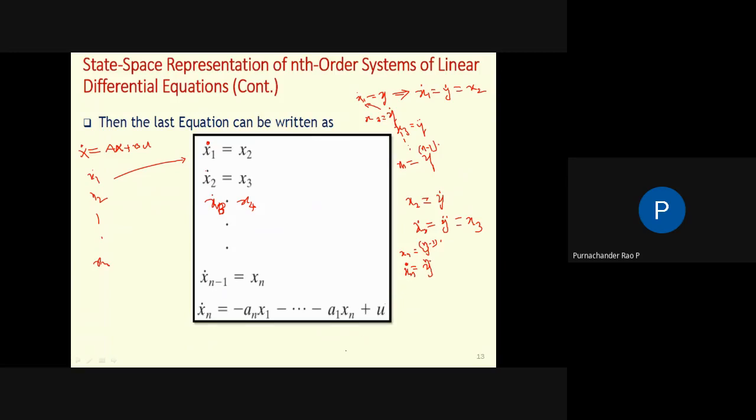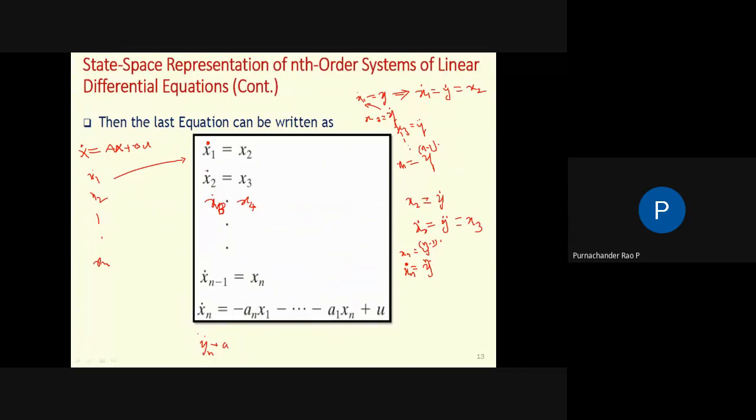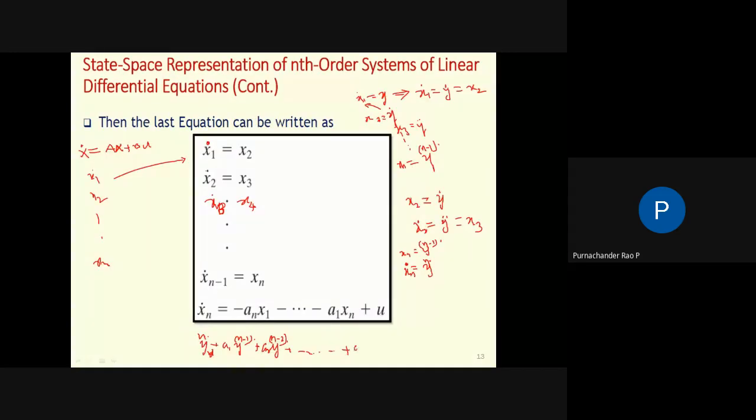As we know, our equation is yn dot plus a1 into y(n minus 1) dot plus a2 into y(n minus 2) dot, and so on, plus a(n minus 1) into y dot plus an into y.